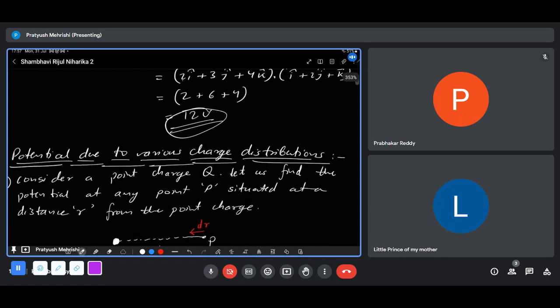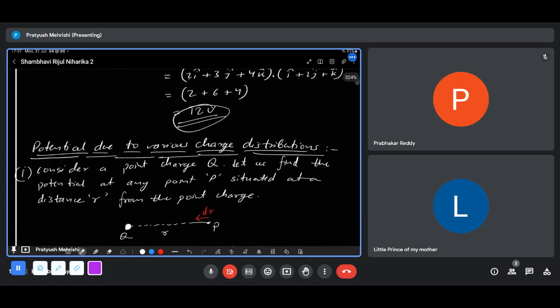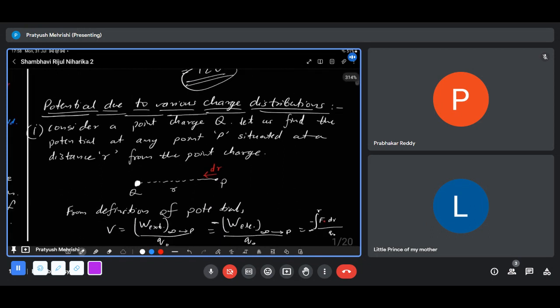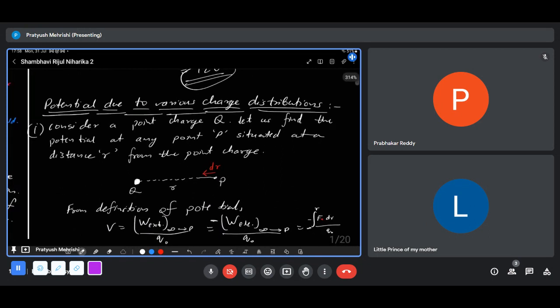Next is potential due to various charge distributions. Now here we will be calculating potential due to a point charge, potential due to a ring, potential due to an infinite charge sheet, like that. First of all, potential due to a single charge.